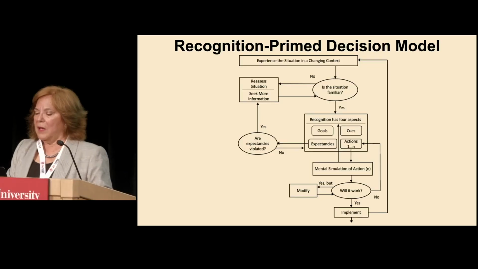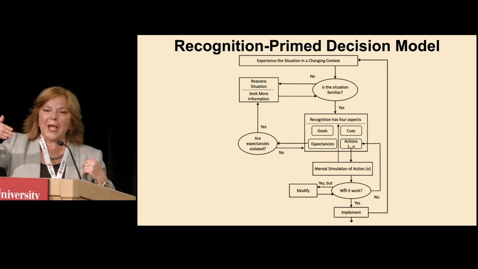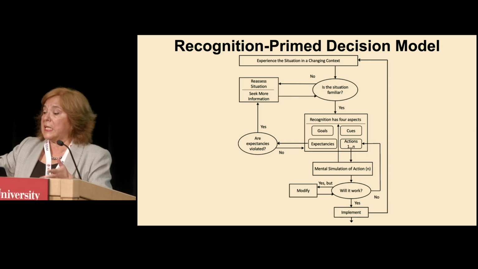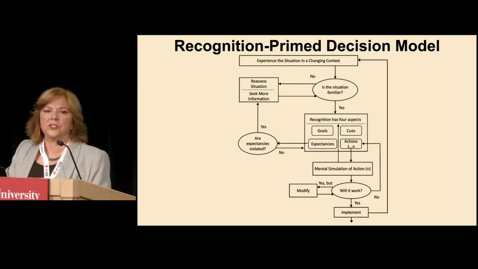So then we go into a mental simulation of potential courses of action, and we think about what if I do A, what if I do B, and then finally select what is going to work. So this is, I believe, very accurate in terms of how people make decisions in the real world.